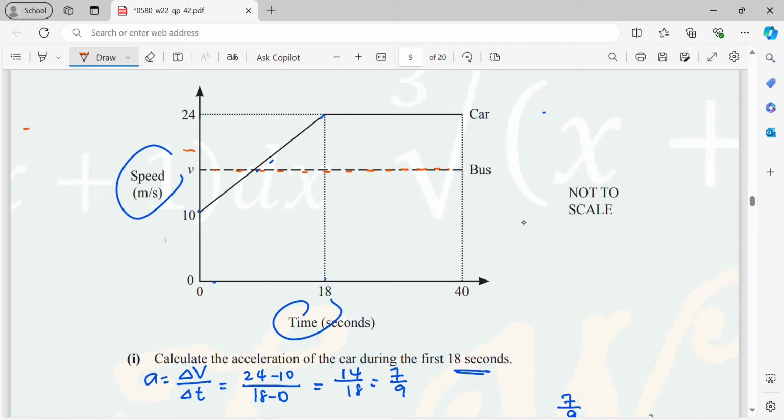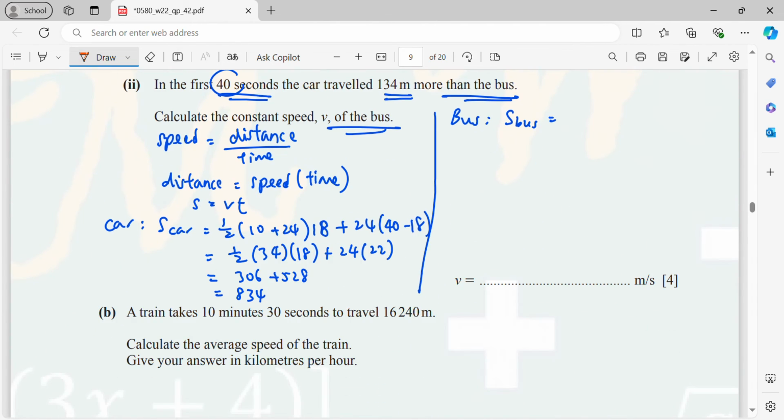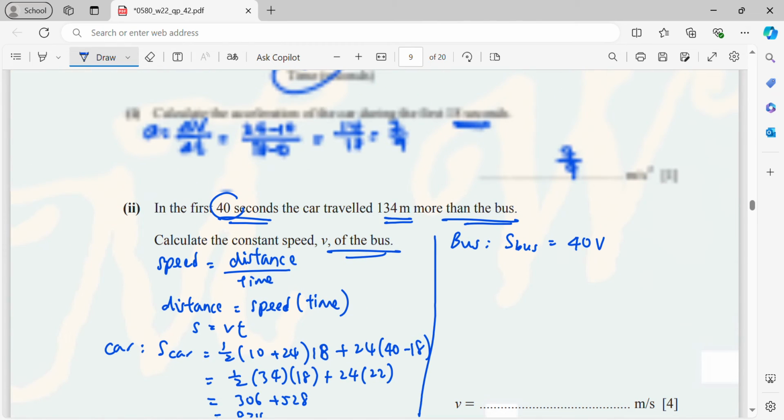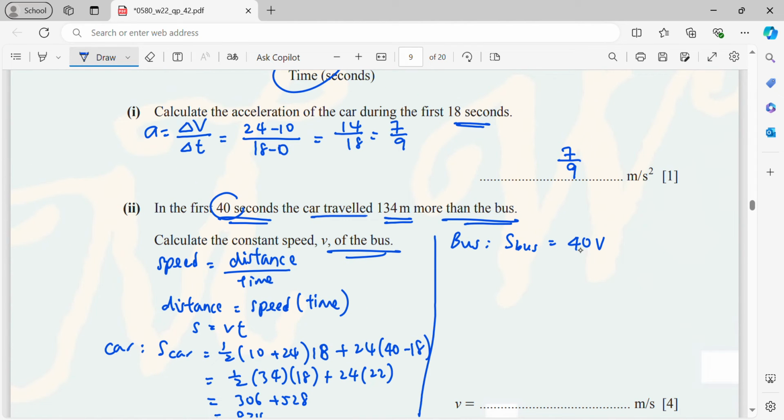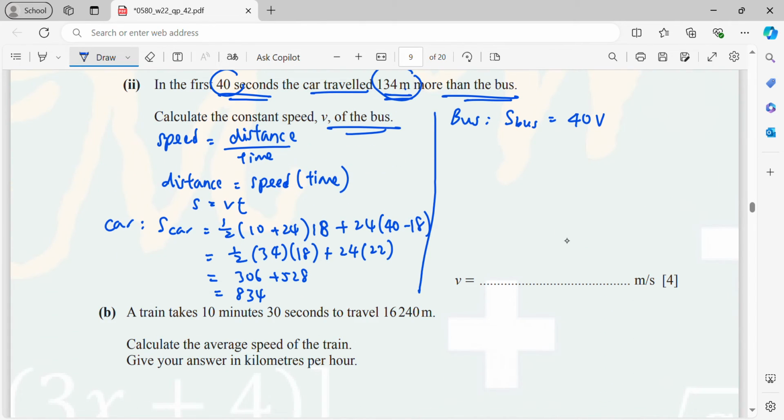That is the V. That means here is V, and this is 40. The base is 40, so this is a rectangle. So the area is 40 times V. So here I will just write 40 times V. In the question you are given that the car traveled 134 meters more than the bus. So S car minus S bus equals 134.